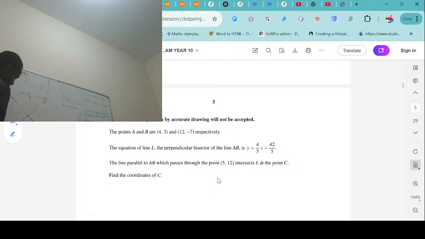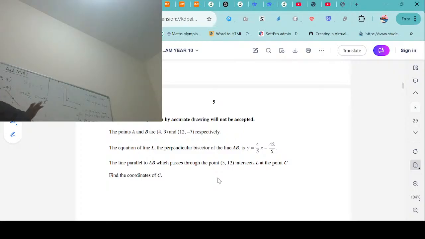Now to find the value of the constant, we simply use the fact that the equation of a straight line is just telling us the locus of every point lying on that line. And this point lies on the line. Am I correct? This point is 5 units to the right and 12 units above, isn't it?